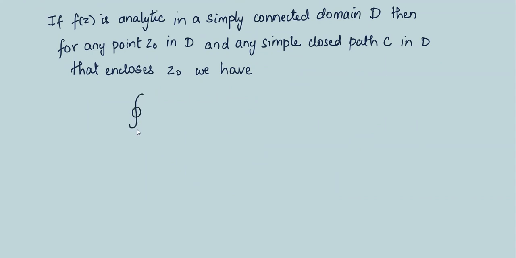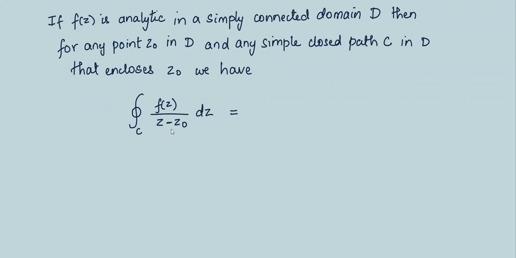the integral over closed loop C of f of z by z minus z naught dz. Remember, although f is analytic, z minus z naught is not. It gives a point of singularity.